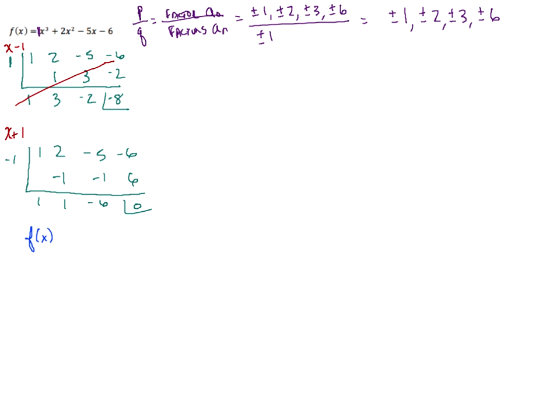That says that my function f of x is, I know now, equal to x plus 1 times, I started with a cubic, I took it down by a factor of 1, so I'm left with a quadratic, x squared plus x minus 6.